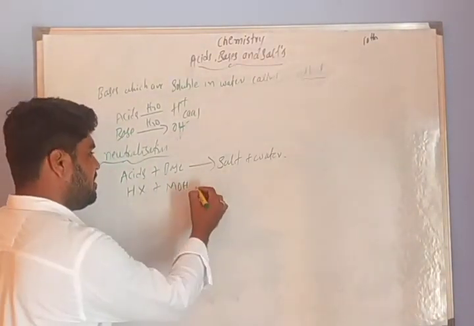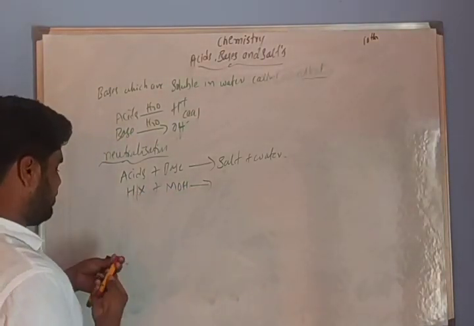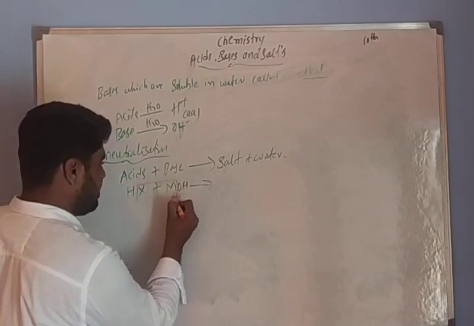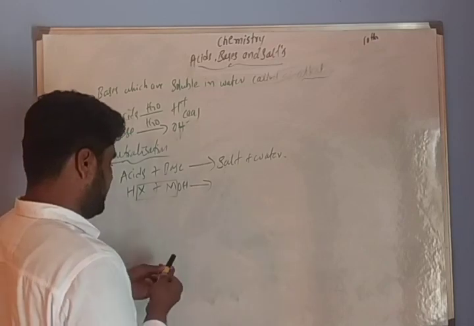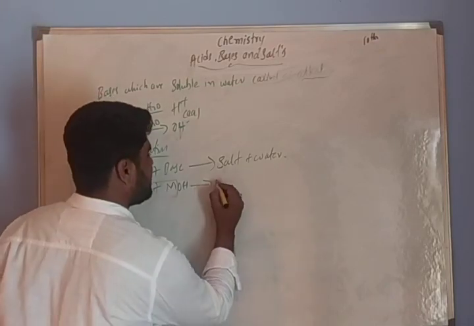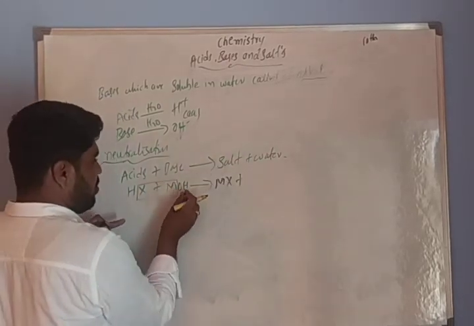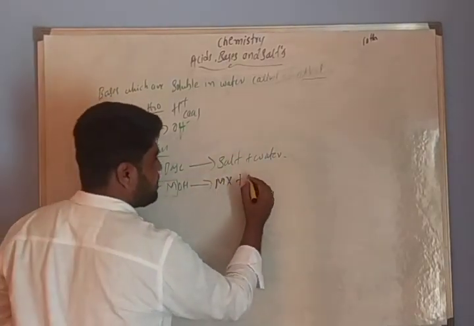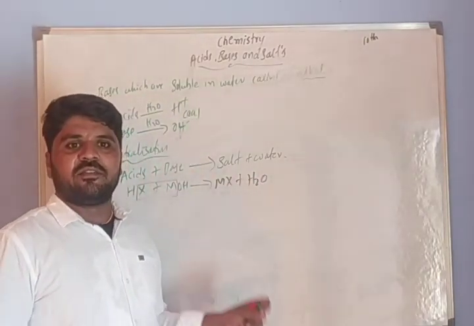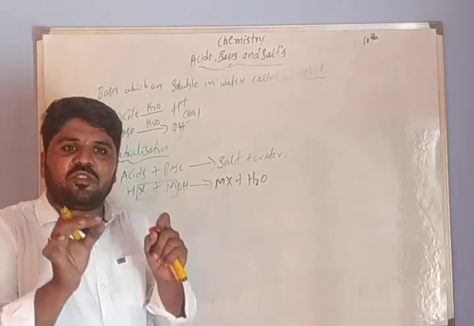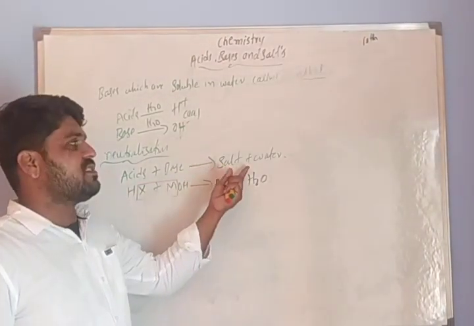Here M and X combined together form salt, that is MX, plus the remaining water: here OH and here H2 and O. H2O is the water. From this we know that acids react with bases to produce salt and water.